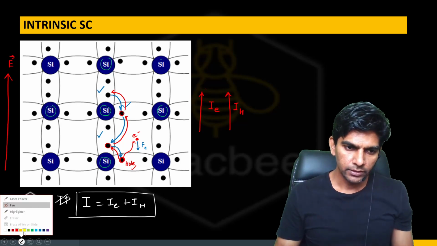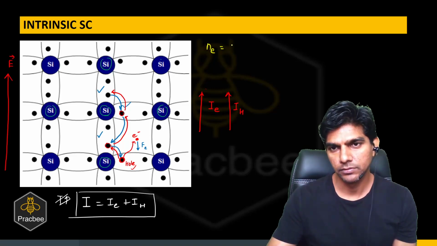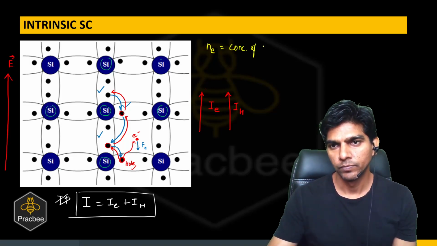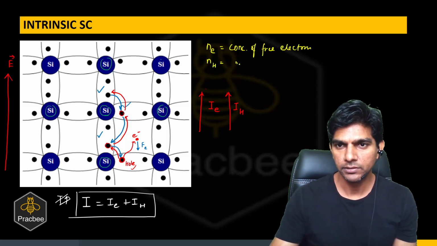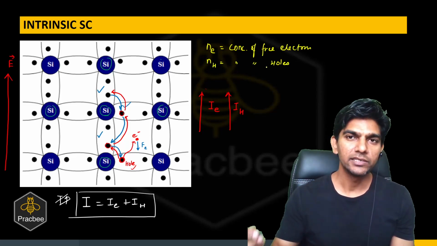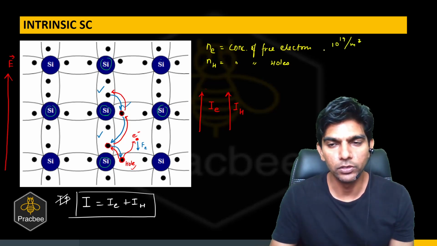So if I say Ne, that is the concentration of free electrons, and NH is the concentration of holes. Usually concentration is measured like this, say 10 raised to 19 per meter cube, per unit volume, right?